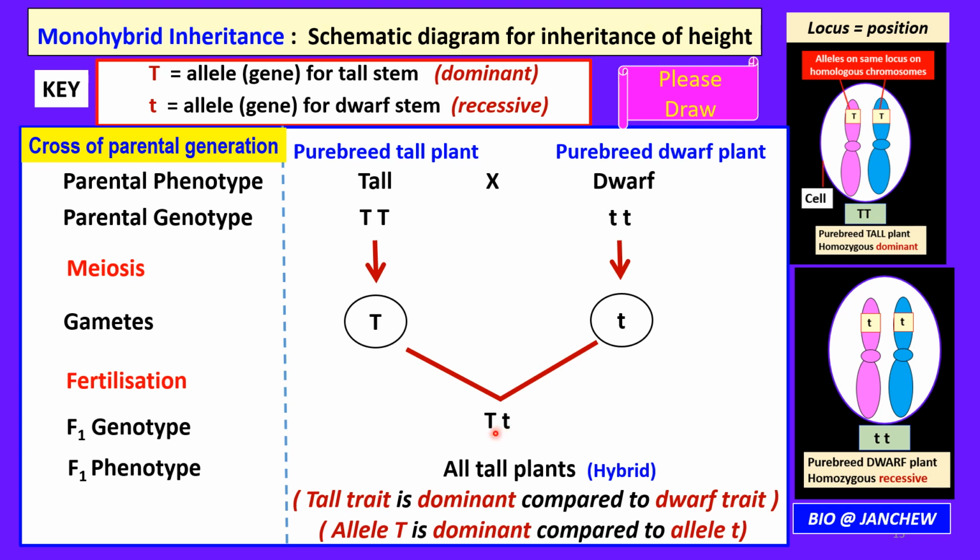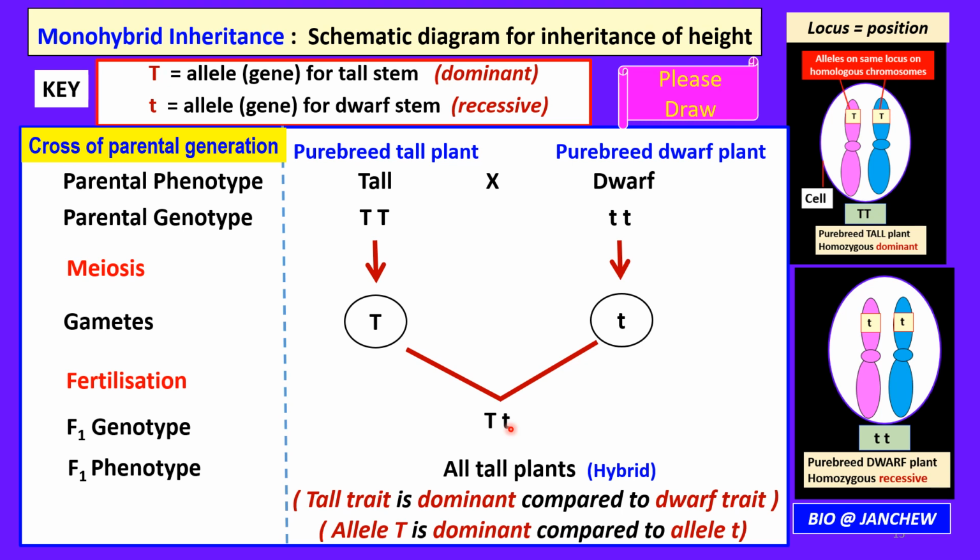All right. So what happens is that the dominant allele big T, which is the allele for tall stem, will express its trait, or show its trait, in the plant. So all the plants will be tall. And secondly, it will suppress, in Malay we say menindas, or cover or mask the effect of the recessive allele.